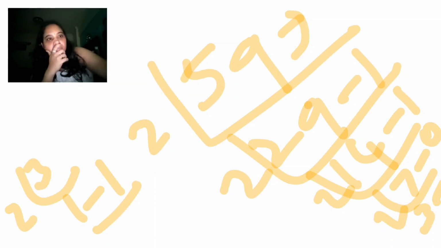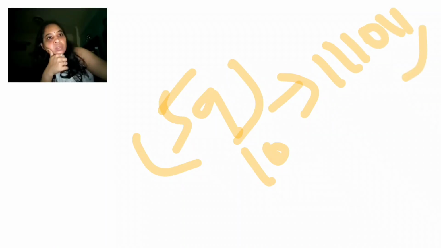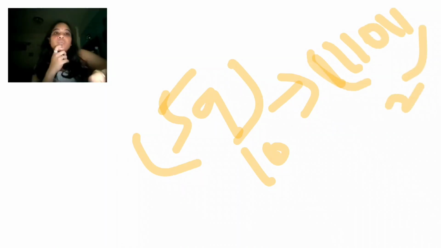So the answer is 1 1 1 0 1 1. So the 59 decimal value, that is base 10, the binary value is 111011, base 2. This is your binary conversion.